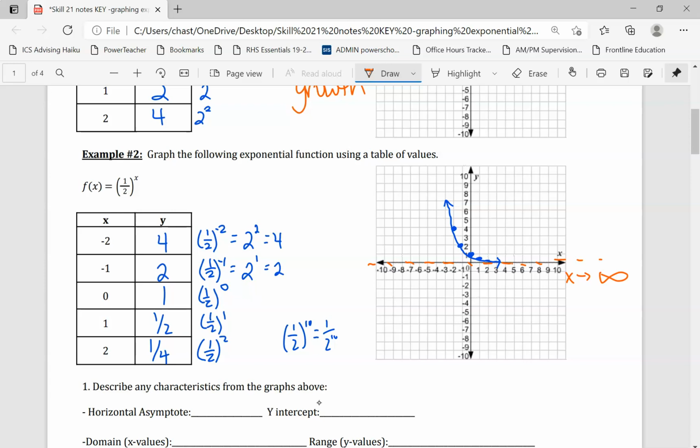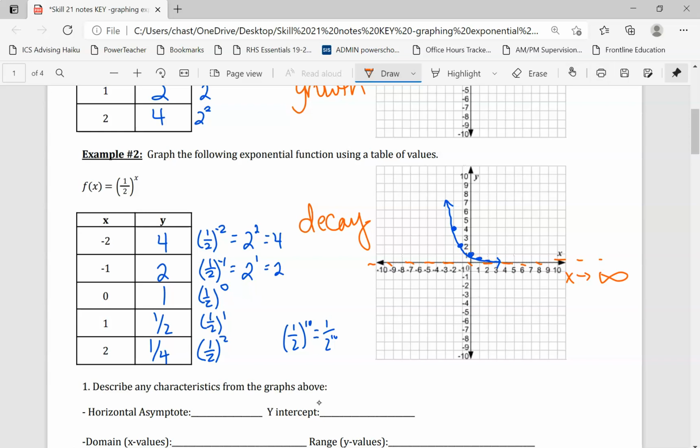We're going to call this decay. So when you look at the graph going to the right, if the graph is looking like it's going to level off, as it's doing here, then that means it's going to be decay.